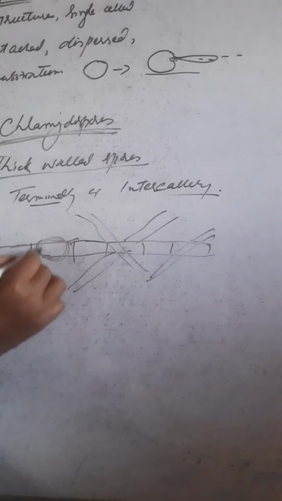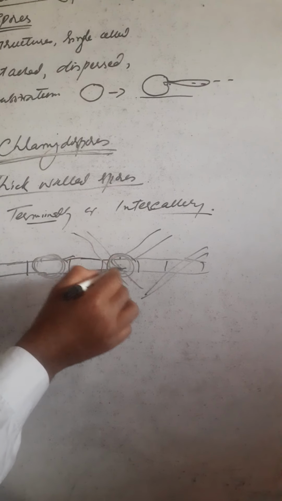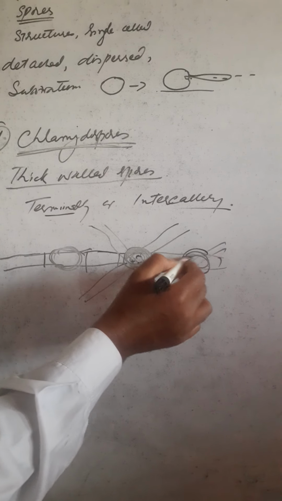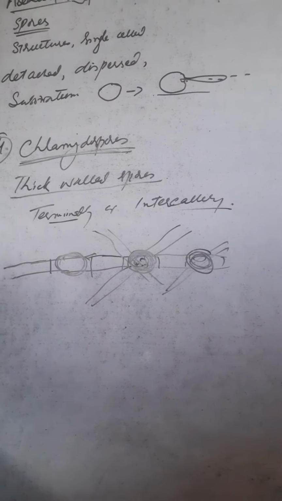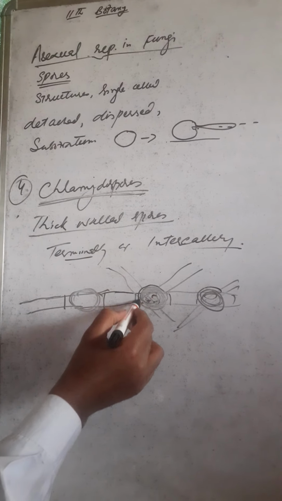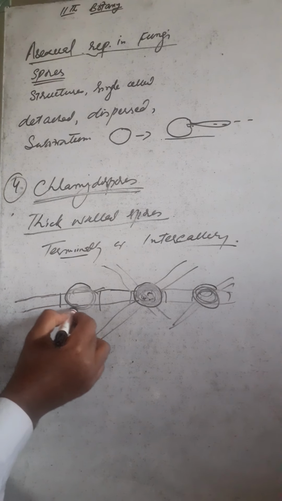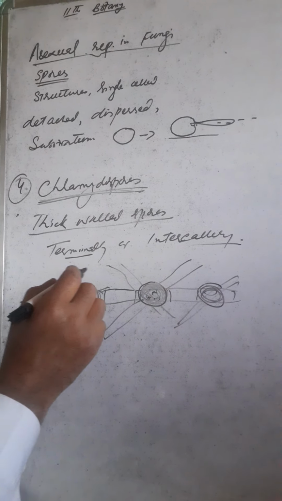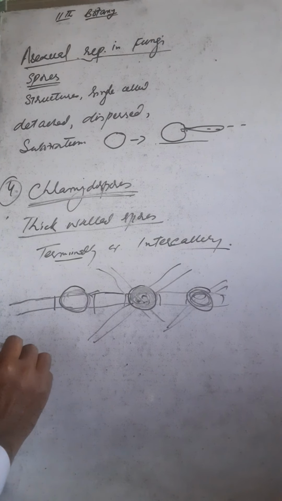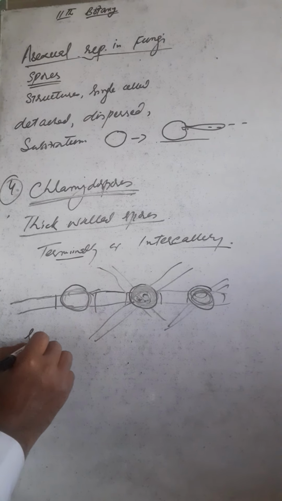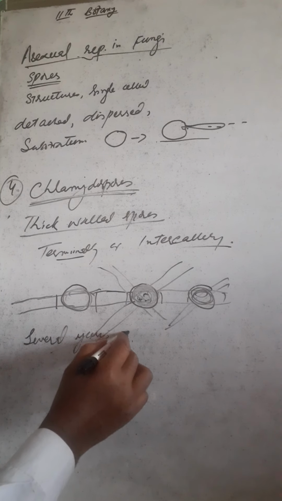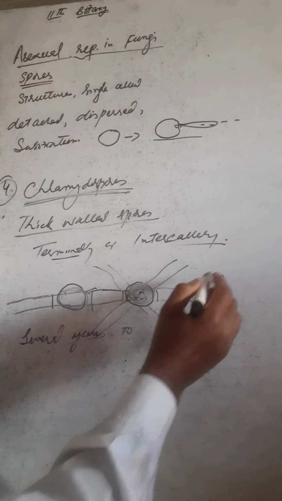Some cells change themselves into the thick-walled chlamydospores. These are long-lasting. They may live for several years to avoid the unfavorable conditions.